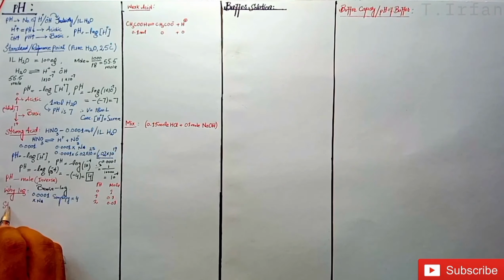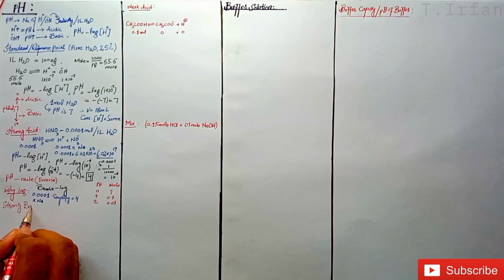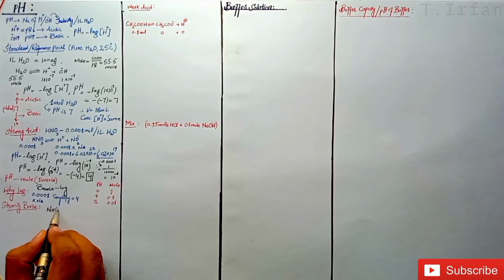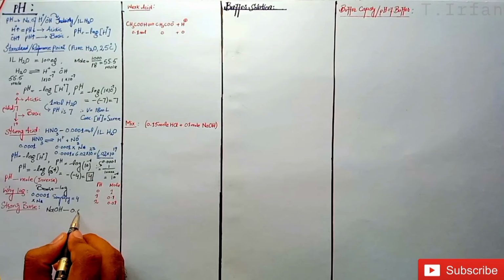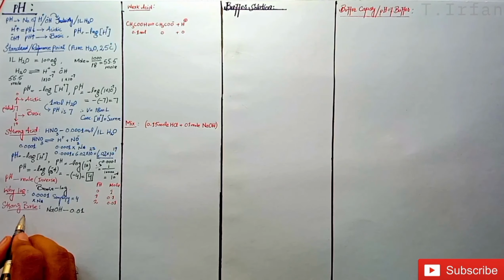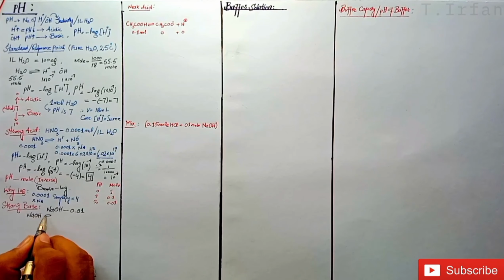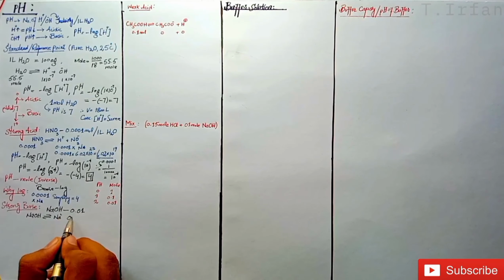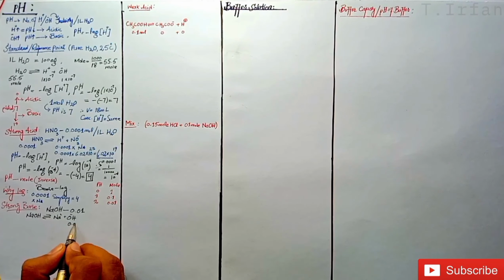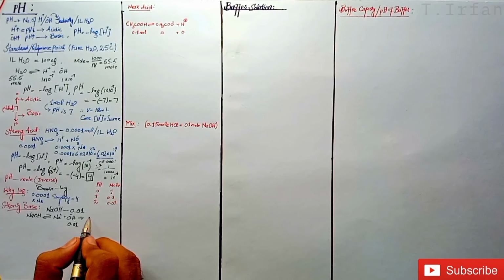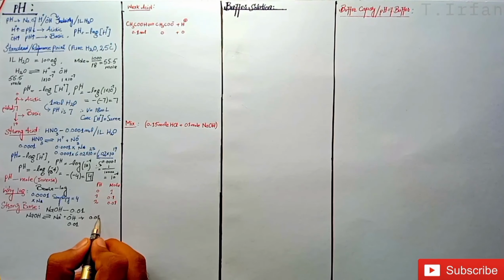When we discuss strong bases, they also completely ionize in water. For example, 0.01 mole of sodium hydroxide, which is a strong base, completely ionizes and gives 0.01 mole of hydroxyl ions. We can also find out the number of hydroxyl ions, which are trillions.